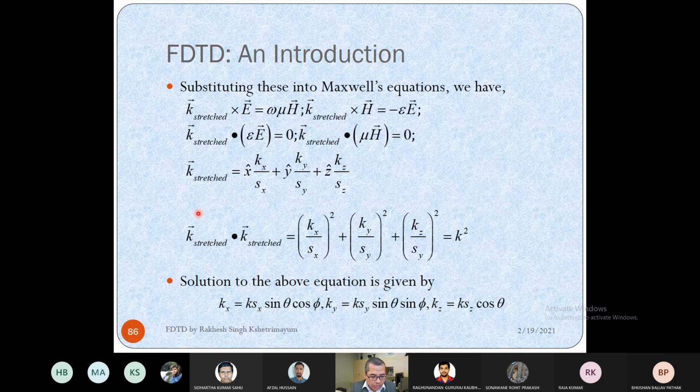Even in this stretched coordinate system, if I have chosen my Kx, Ky and Kz according to this relation, then the amplitude of the K vector in the stretched coordinate system and in the original coordinate system is not changing. This is a point to be noted. In the stretched coordinate system we still have the same magnitude of the K vector as that of the original problem.